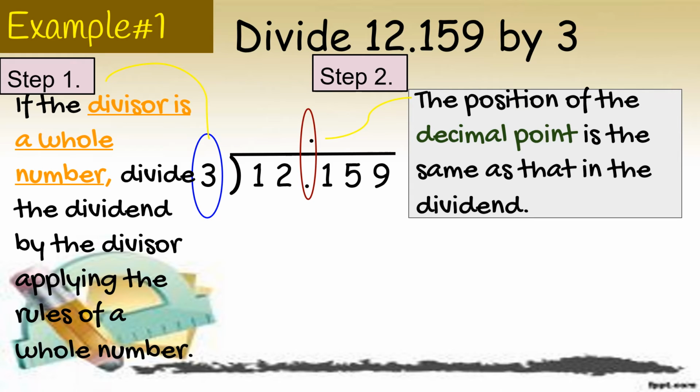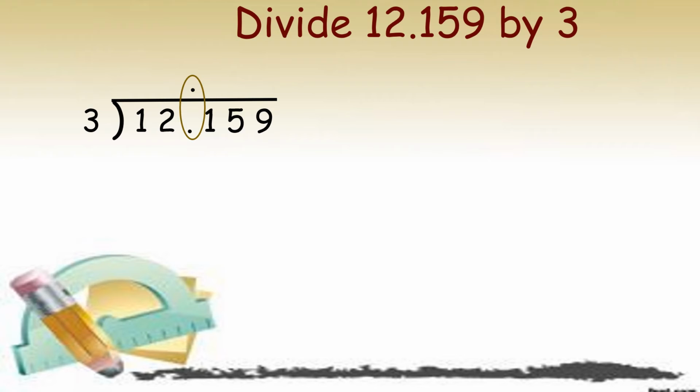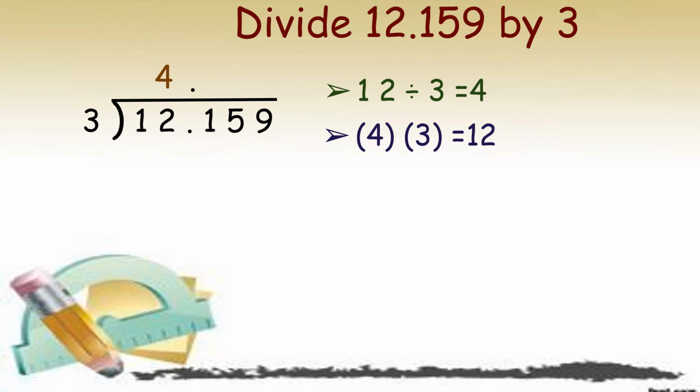Then let's proceed with the process. Let us divide 12.159 by 3. Let us position the decimal point. Then let's start the division. 12 divided by 3 is 4. So we will locate 4 in the position of 12. 4 times 3 is 12. Then subtraction.